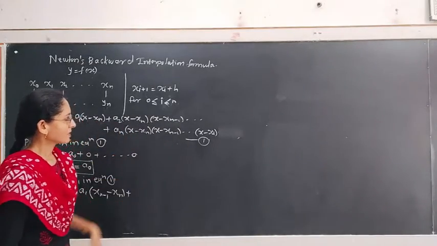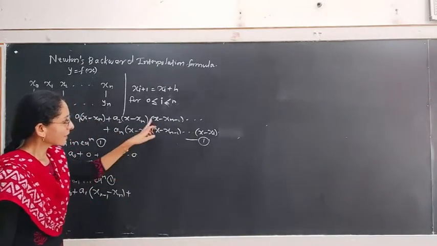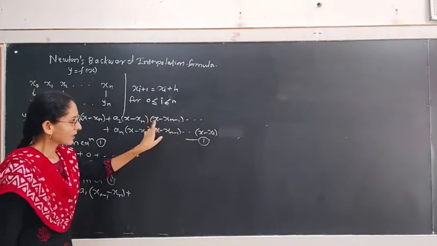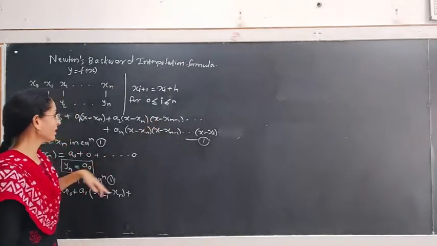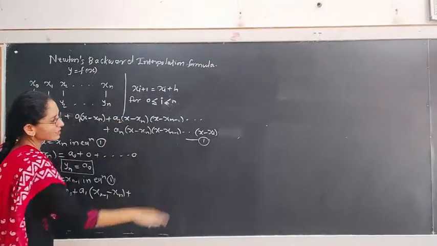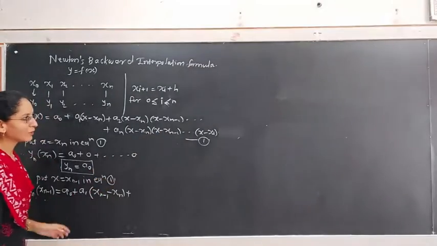The next terms contain the factor x minus xn minus 1. If we use x is equal to xn minus 1, then the third term and the terms after the third term of this polynomial go to 0.